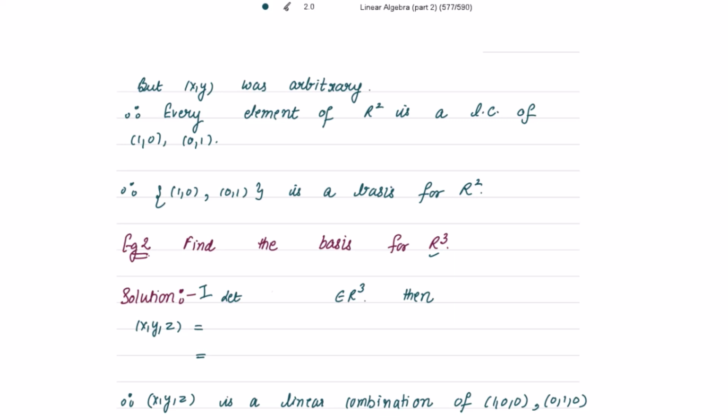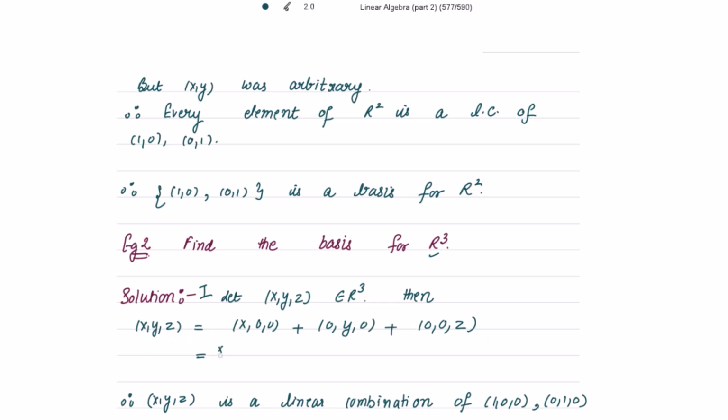Okay, let's take one element from R3, let's say (x, y, z). Now how can I write (x, y, z)? Just like in the previous example, as (x, 0, 0) plus (0, y, 0) plus (0, 0, z). If you add all these, you will get back your (x, y, z). So (x, y, z) can be written like this.